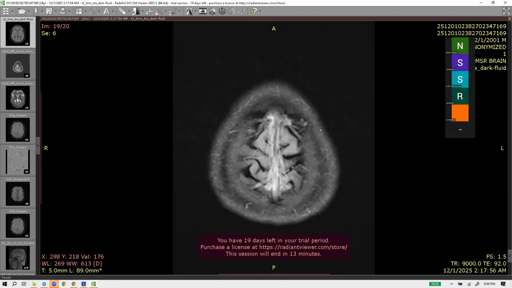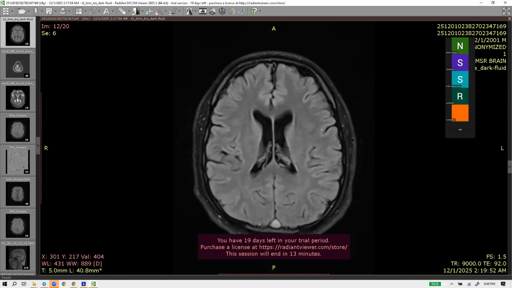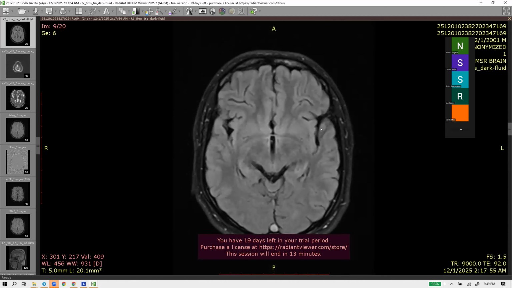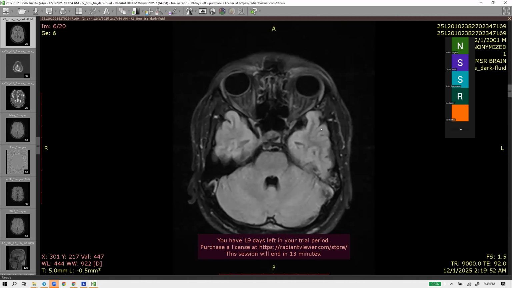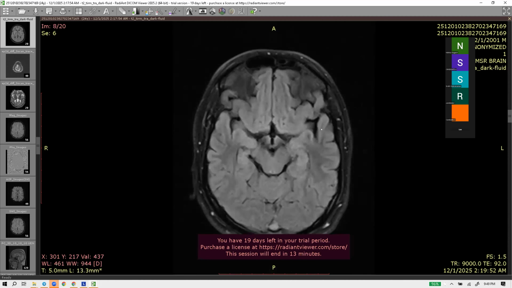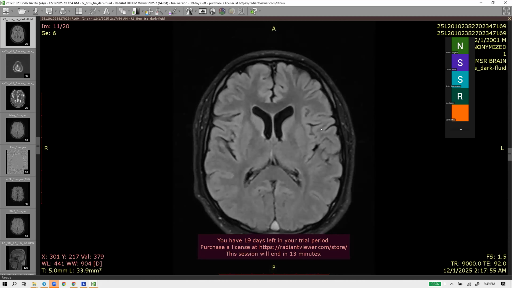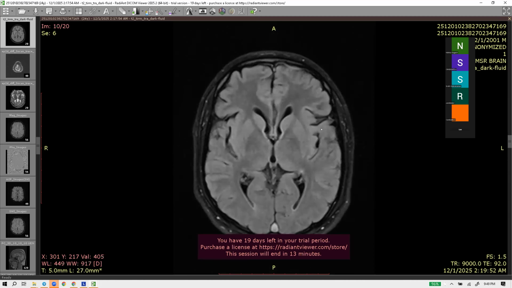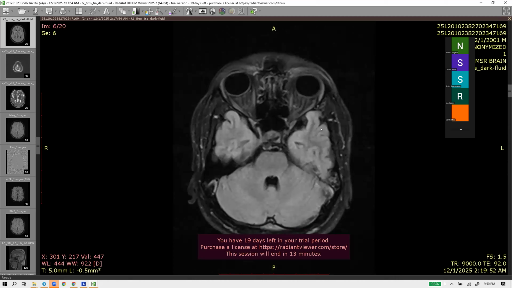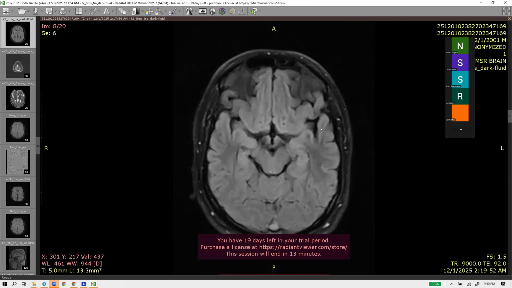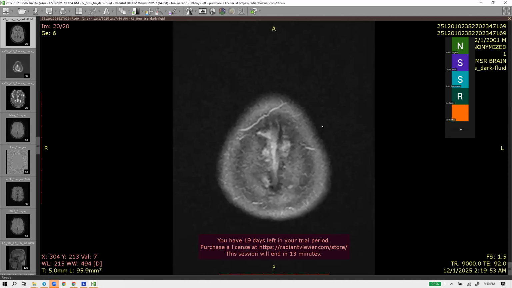I'm checking the cortical surfaces. There is no abnormal or altered signal in the gray-white matter junction. And I'm just going to check the orbits. Your orbits appear normal to me. I'm just going to check the sella. There is no obvious abnormality in the sellar region.